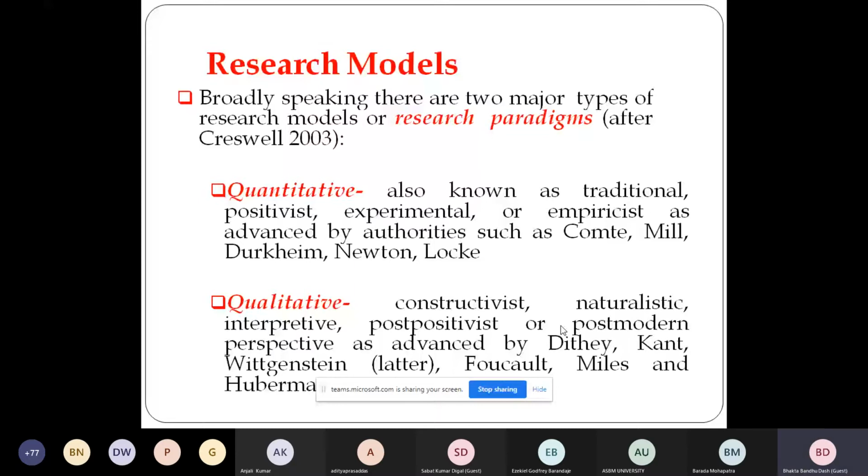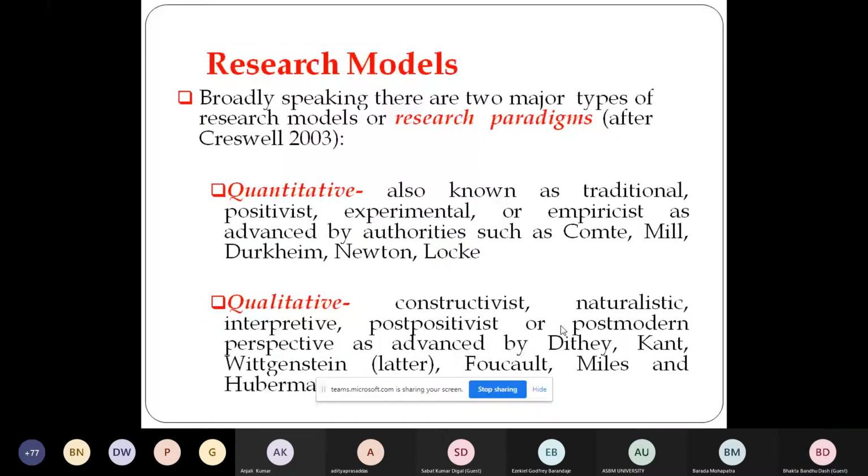They are the people who refer to the qualitative base. So two basic models: the quantitative model and the qualitative model.